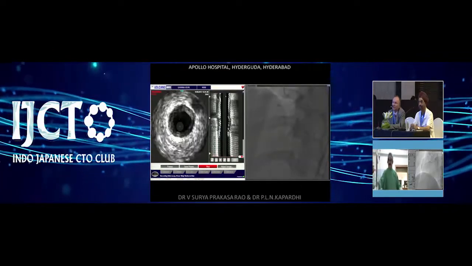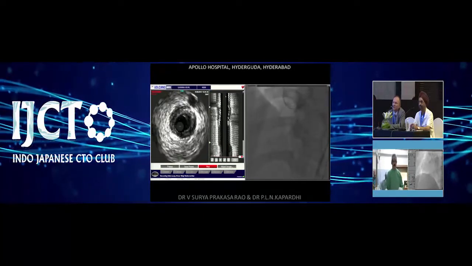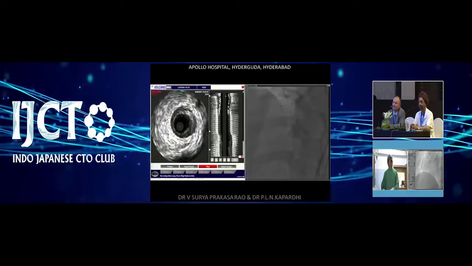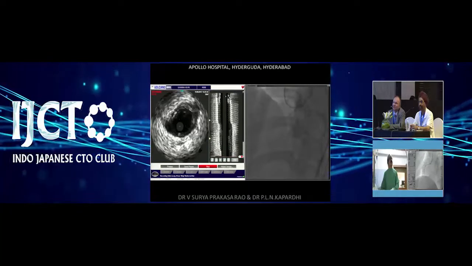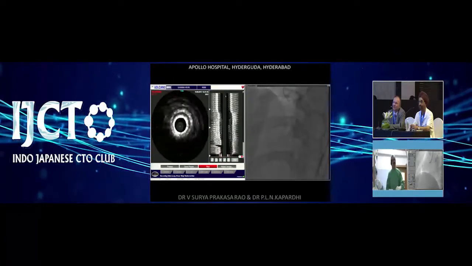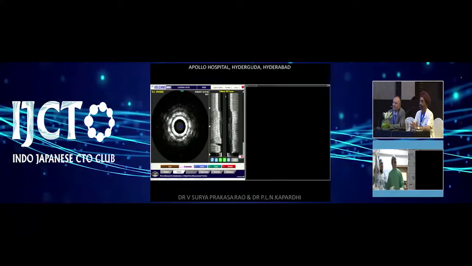Here it looks good. But here is some lesion. I think if you do it first, it should be okay. That's all. Okay, we'll do 3.5 dilation at the time.